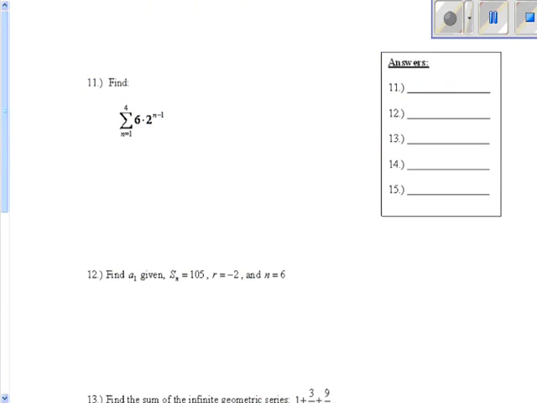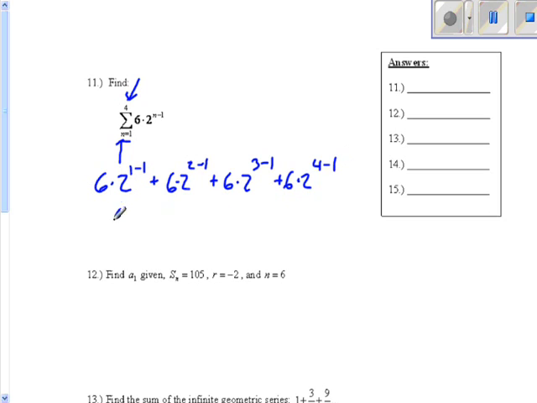If I take a look at the next one, once again we're using our sigma notation here. So it means I'm going to start with a value of 1 and go up to a value of 4. So that means I'm going to have 6 times 2 to the 1 minus 1 plus 6 times 2 to the 2 minus 1, 6 times 2 to the 3 minus 1, and 6 times 2 to the 4 minus 1.